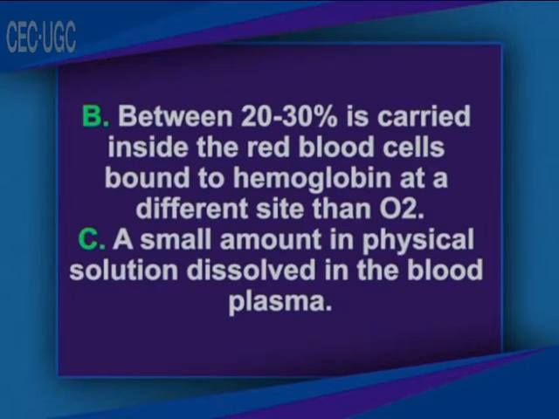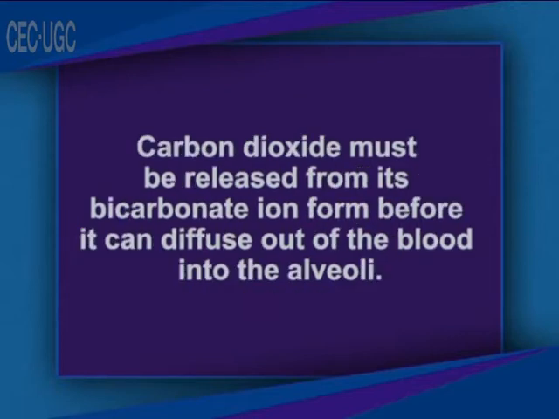Between 20 to 30% is carried inside the red blood cells, bound to hemoglobin at a different site than oxygen. A small amount is in physical solution, dissolved in the blood plasma. Carbon dioxide must be released from its bicarbonate ion form before it can diffuse out of the blood into the alveoli.